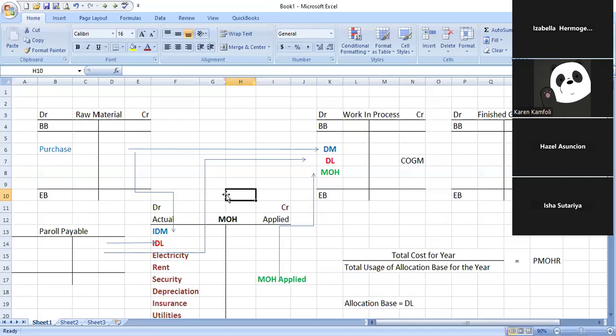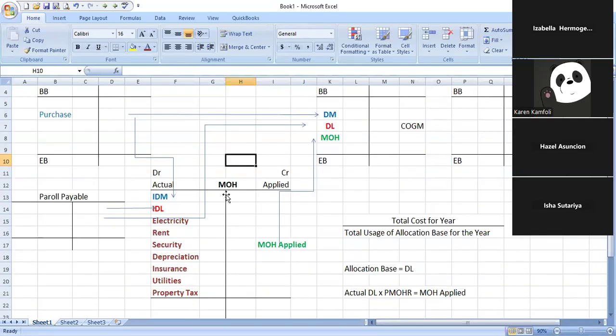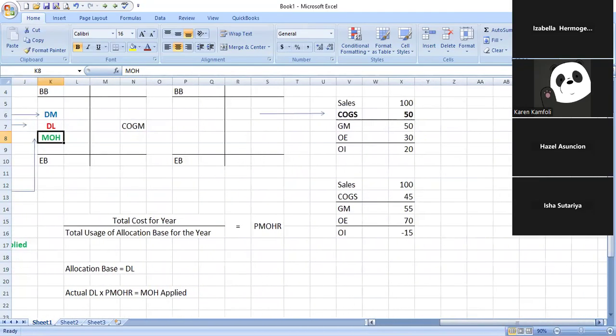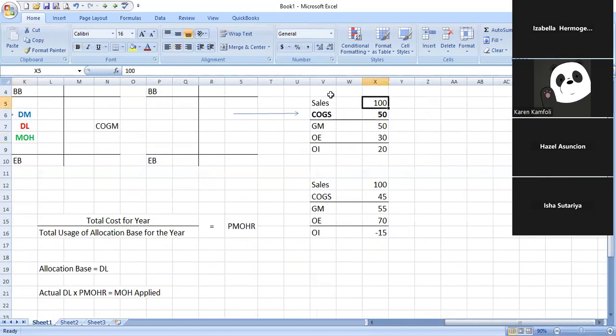That's where we are, people. That's why businesses are closing, because they cannot get their manufacturing overhead correctly. They cannot estimate their total cost for the year, so they don't know how much to apply, how much to charge the customers. And don't forget, if the customers don't pay through the sales, if you're not generating enough sales to cover all your expenses, you don't have any other options.